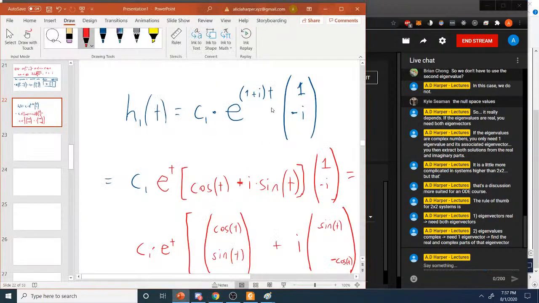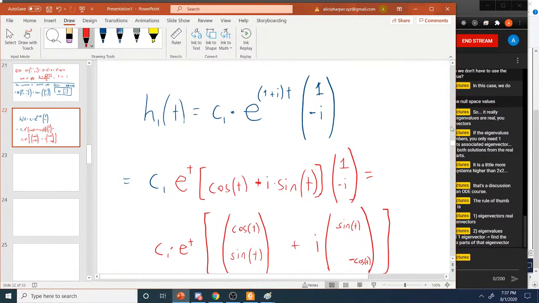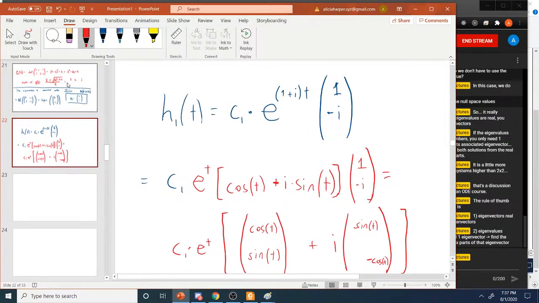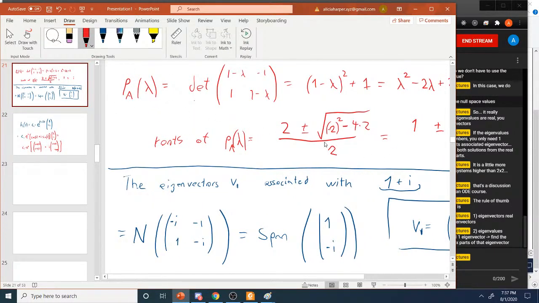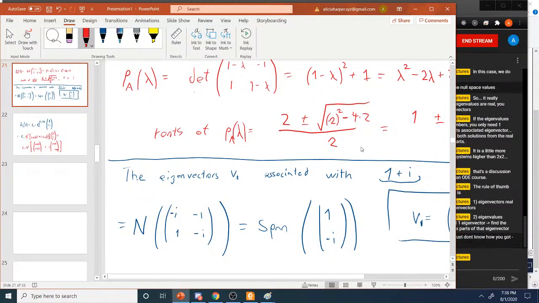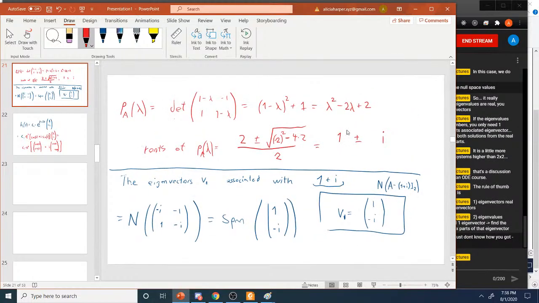Okay, so going back to the problem here, let me go through this again. First thing I did is I wrote down the characteristic polynomial of my matrix, and I solved it, and I found that the roots of it were 1 plus minus the imaginary number i.